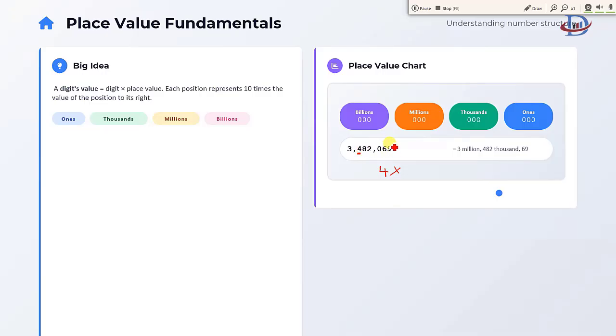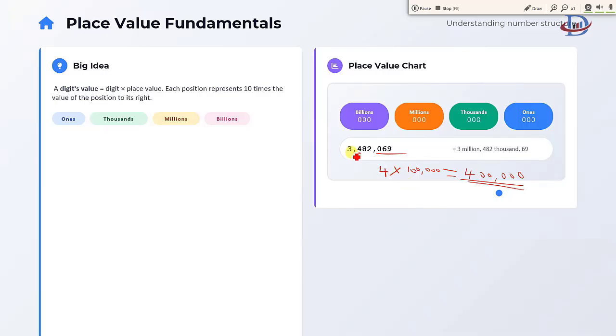The first is ones, tens, hundreds; here we are in thousands. So ones, tens, hundreds, we have 100,000. So times 100,000, what do we get? We get 400,000. So this is the value of a digit in that position.